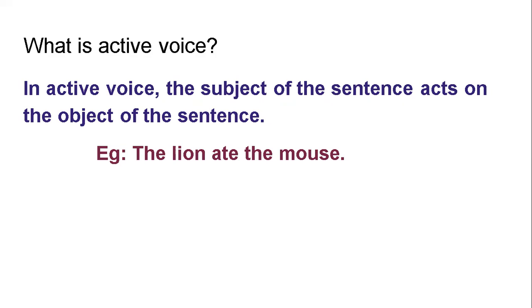Suppose you have a sentence like this. The lion ate the mouse. So you have a subject in the sentence, you have an object in the sentence, and then you have other parts of the sentence as well, like a word showing action, which is a verb, which is in different forms.